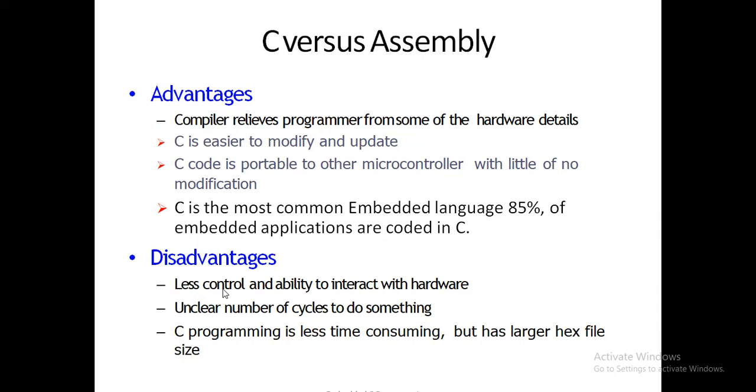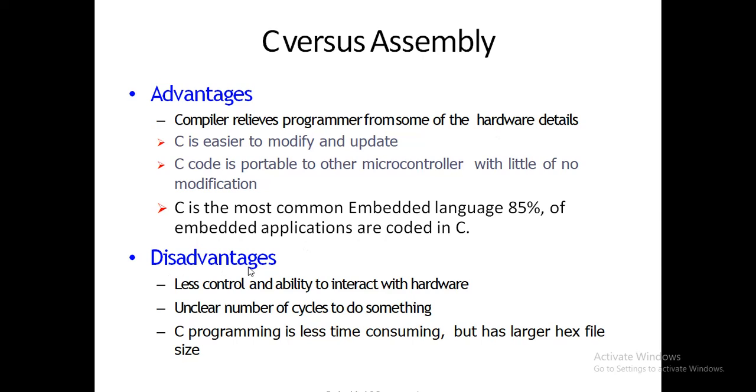Less control and ability to interact with the hardware. As given here, you need not study the hardware details of the microcontroller because the compiler relieves the programmer from the hardware details.